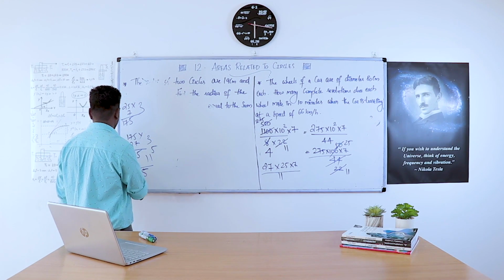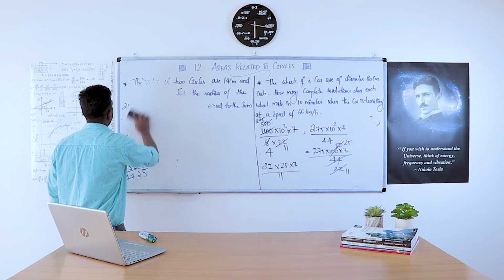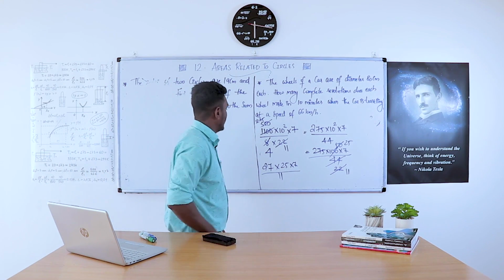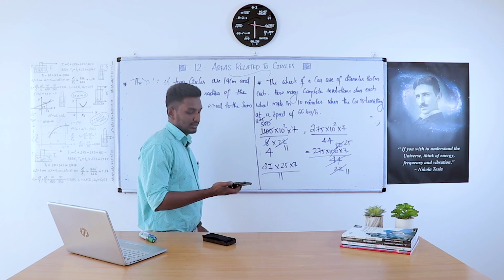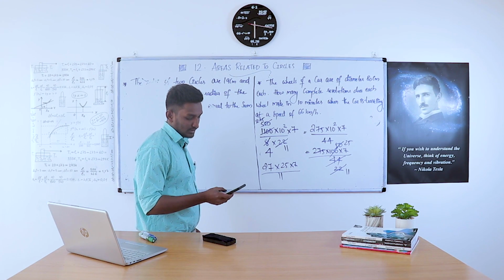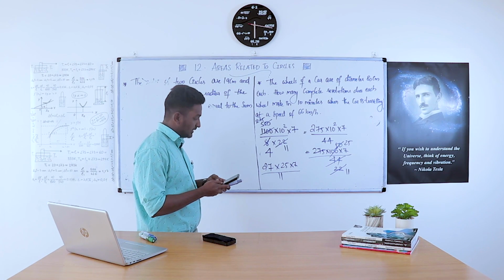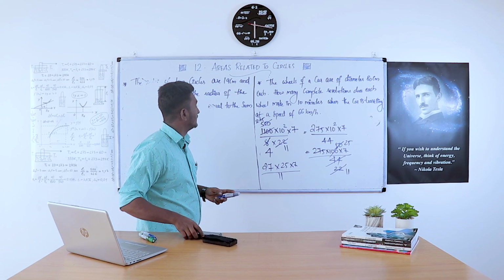Right, 2. Let me check. So the final answer we can check. So for 27 into 25 into 7. So what happens here?